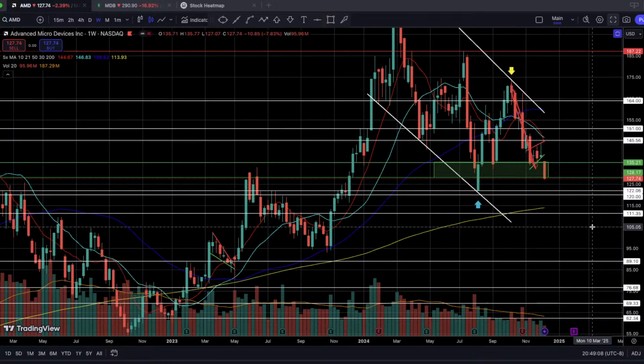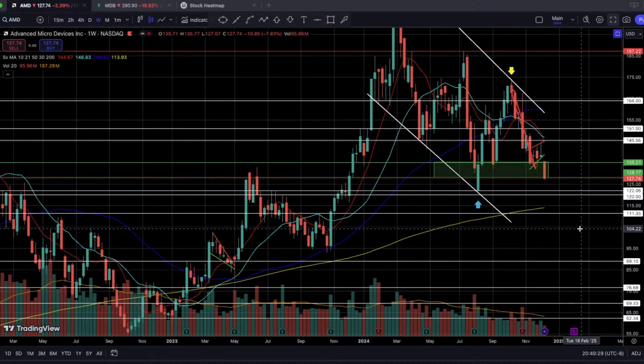I know there's a lot of fundamental analysis out there, or people who do fundamental analysis only, who will really disagree with me there. But just from a technical and fundamental standpoint, I like to combine them together, and I don't think AMD will breach 100. If it does, hey, I'm wrong, right?